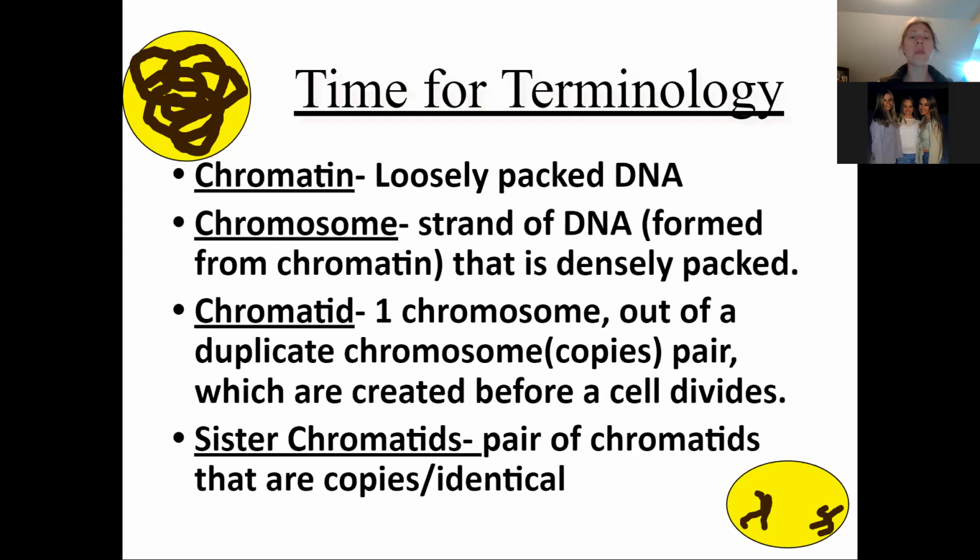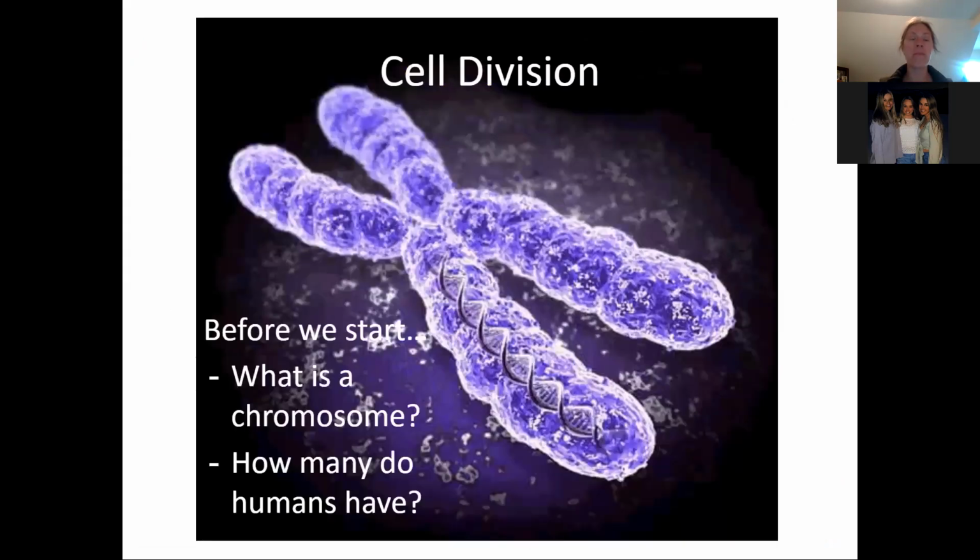So just a couple terms that I'm going to be using so that you know what I'm referring to when I'm using them. One thing we should know, hopefully we know, and if we don't, we should go over it. When we're talking about cell division in humans, it's much more complex than what I'm going to show you in some of these images because we've got 46 chromosomes. So we've got a lot more than what the images are going to show.